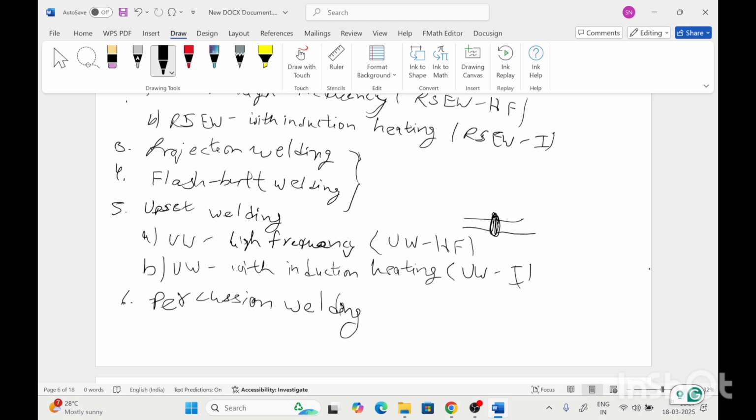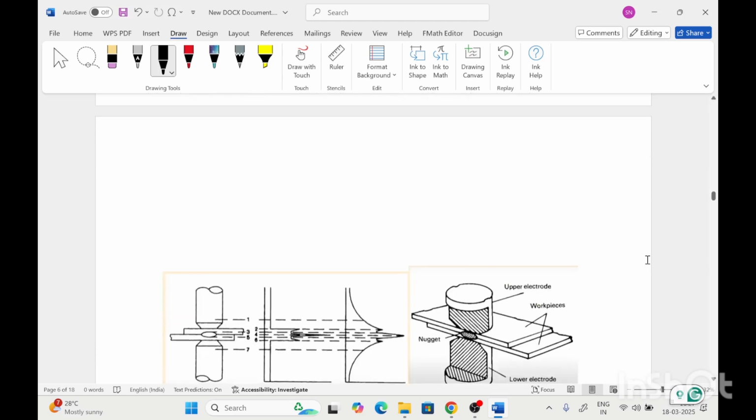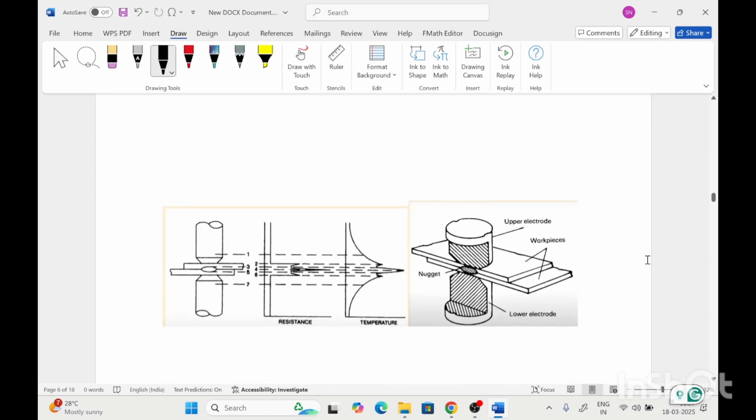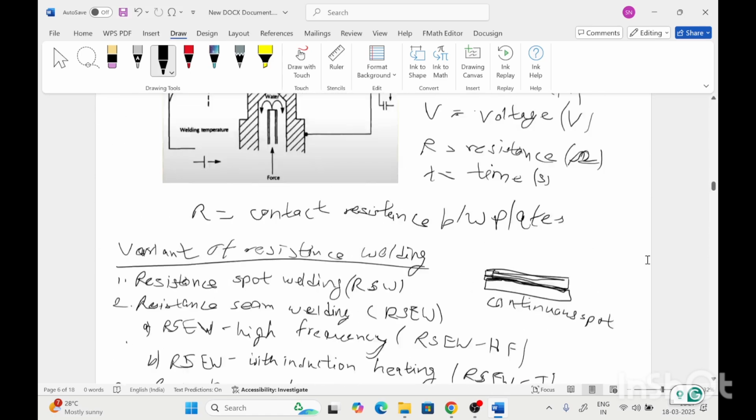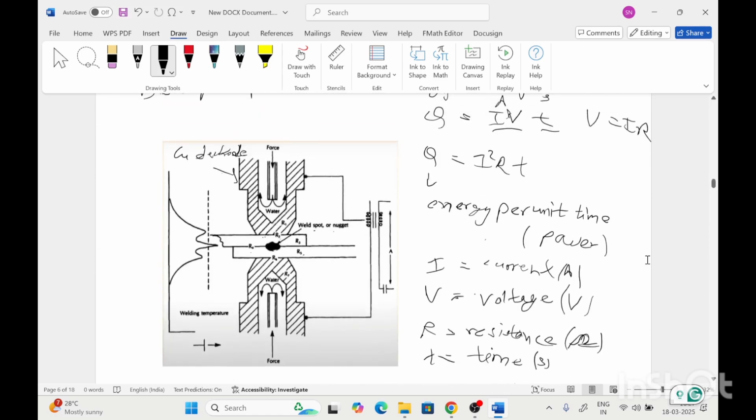Today we will discuss spot welding. The resistance spot welding schematic is the same.